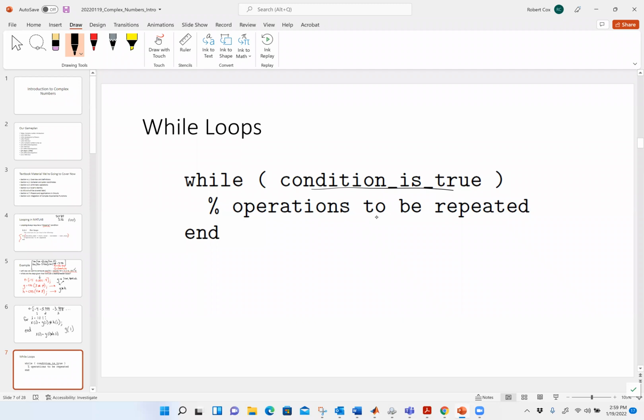In this case, you can probably imagine what the condition would be. As long as I haven't reached the end of the time vector, do the computation G times H, or let me say it this way: G of i, the ith entry in G times the ith entry in H, like that. Okay.